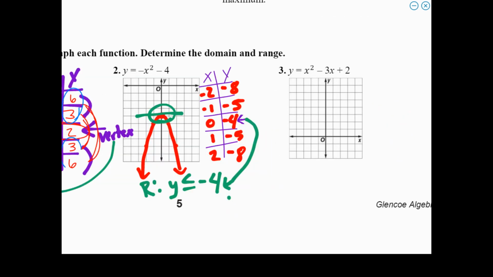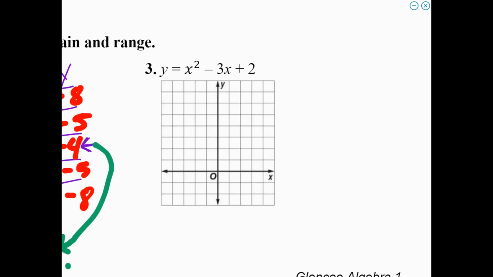So in this next one, like I said, we're running out of time, so I want to talk about this one really quick. If you graph this one, you get a vertex that falls right here, not really on the line anywhere.